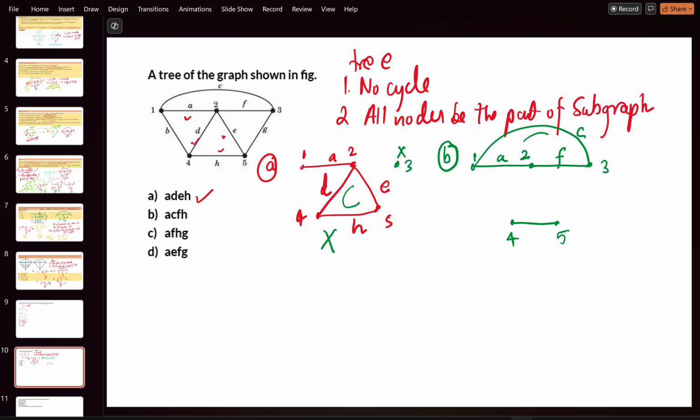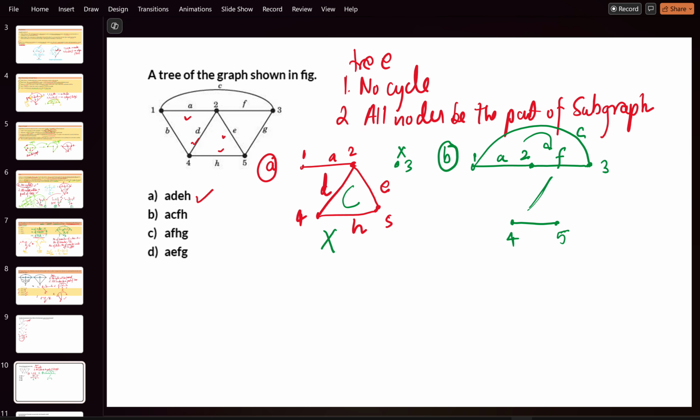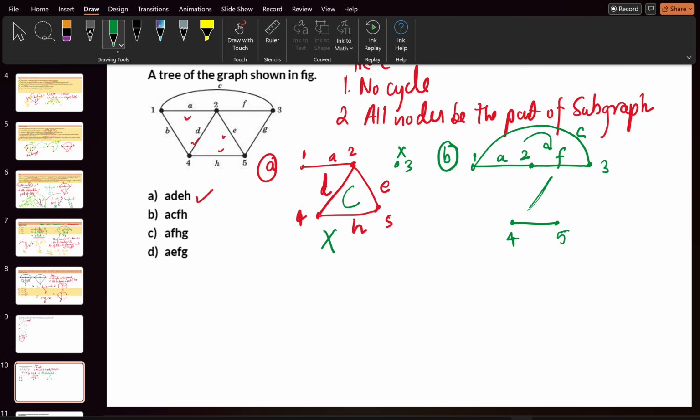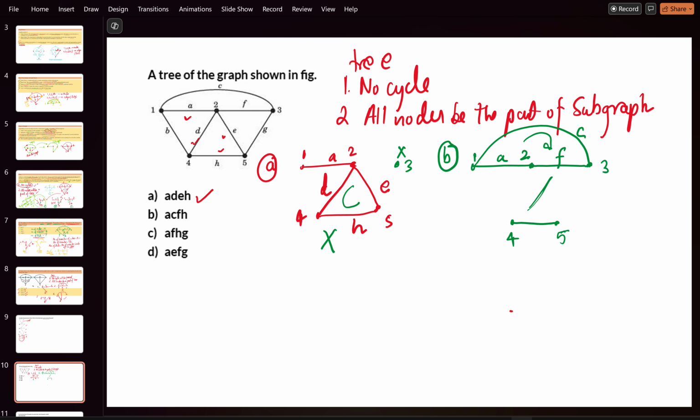Here also one cycle is being formed, and this is also not connected. All nodes must be part of the graph, and there must be a connection between the nodes. So this is also not a tree. So option A is incorrect, option B is incorrect. Let's see option C.